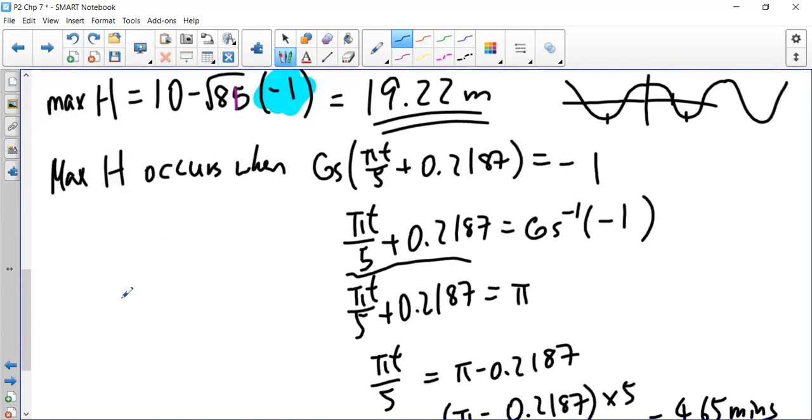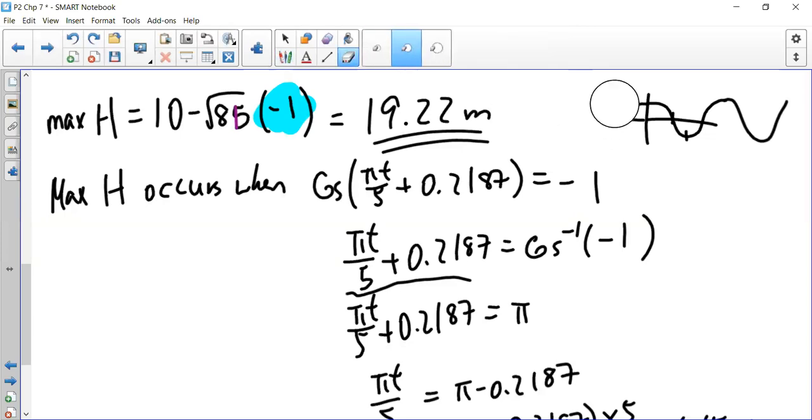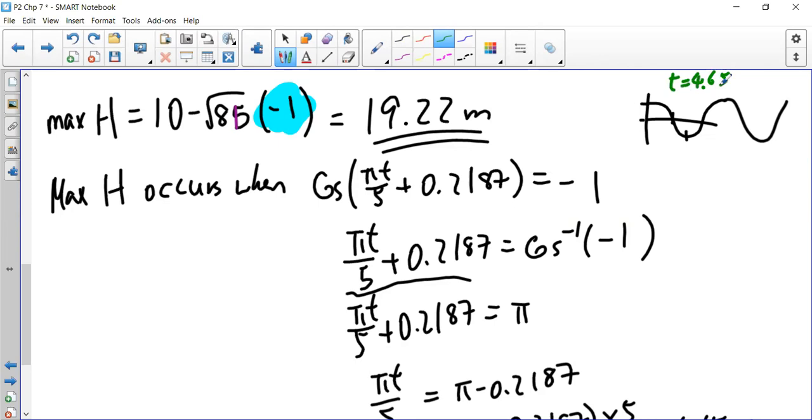Now, the answer lies in the graph of cos. Let me explain. When we reach the -1, that's when t equals 4.65 minutes, right in here. So if we find the next answer in here, this will be 1 revolution. If we find one more answer in here, that's another revolution.